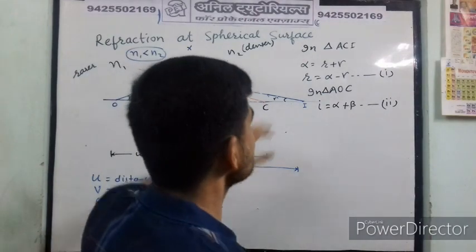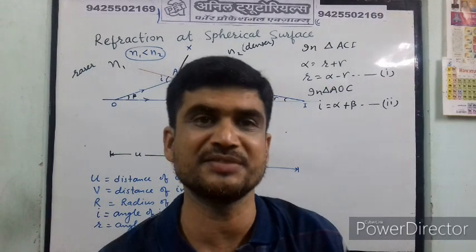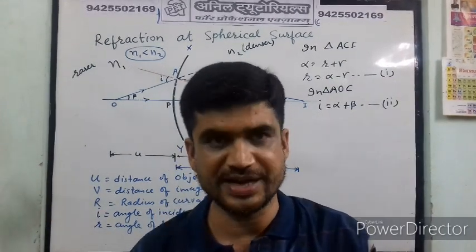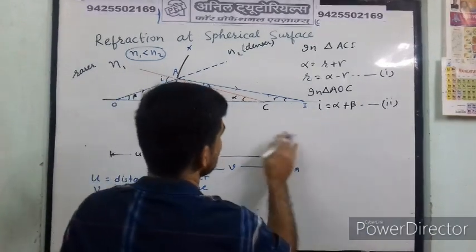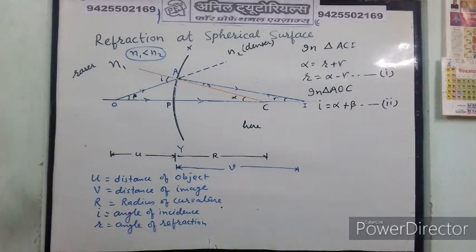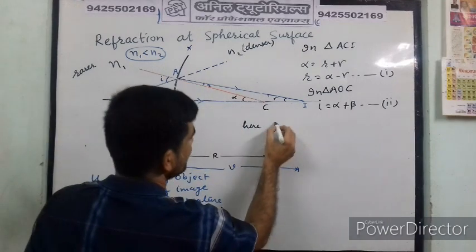Now just see, we can define what angles alpha, beta, gamma are. You know the definition of the angle. The angle is defined as arc upon radius. So here we can define angles alpha, beta and gamma. What is alpha? Alpha is the angle, arc upon radius.